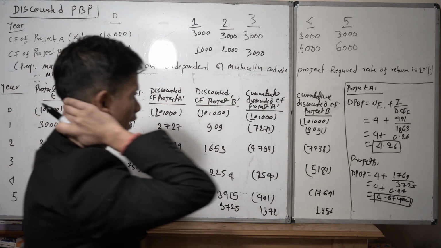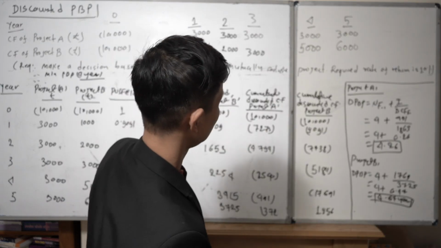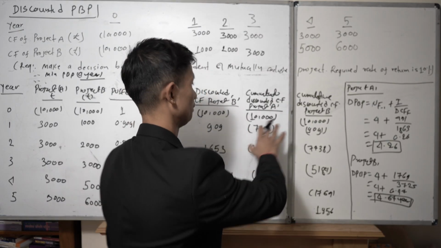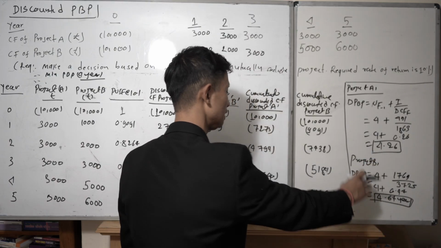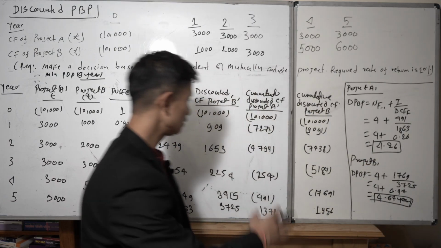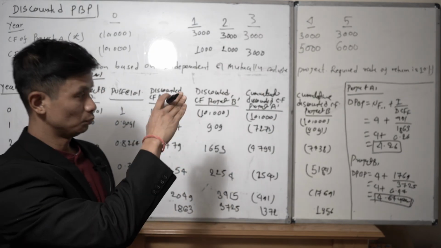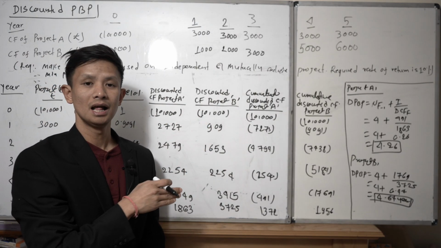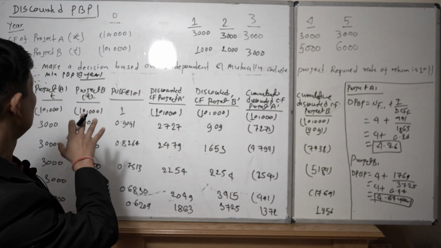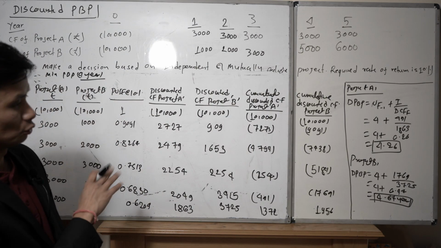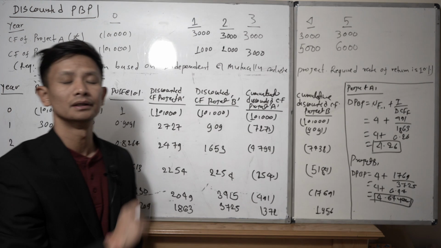So for both project A and B, the payback period is more than 4 years, because for project A it is 4.26 and project B it is 4.67. So on the basis of the question, we will reject both of the projects because it is more than the required minimum payback period.